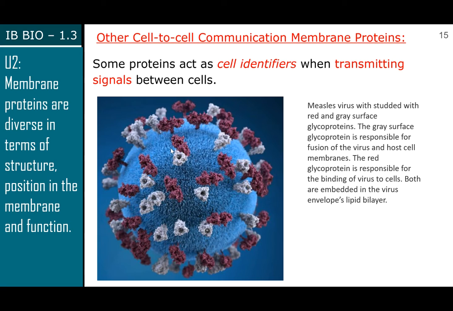And the red ones, oh no, wait, I'm wrong. The gray ones are responsible for fusing to your membrane, so that actually allows the envelope to open up, and the red ones are more for adhesion, for junction. But there are also identifiers on here that demonstrate to your cell, like, hey, I'm cool, let me in, which is kind of messed up.